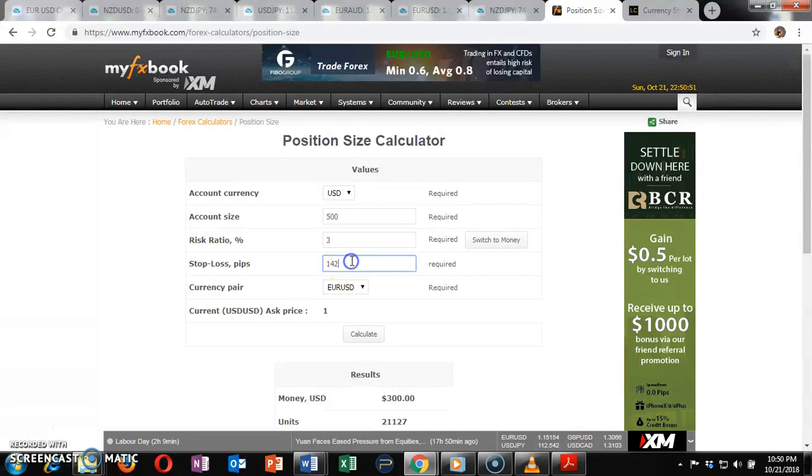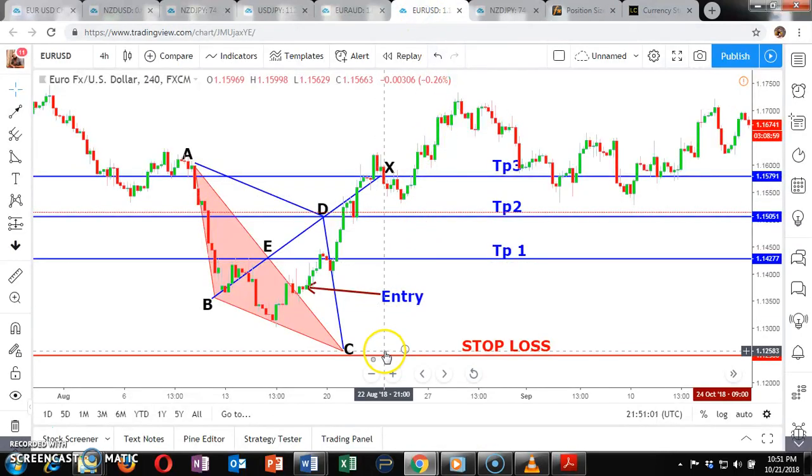Now, you coming back to your chart here, you take this tool and measure your stop loss.